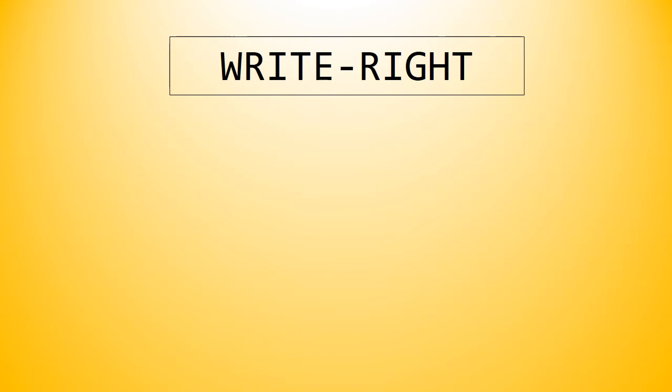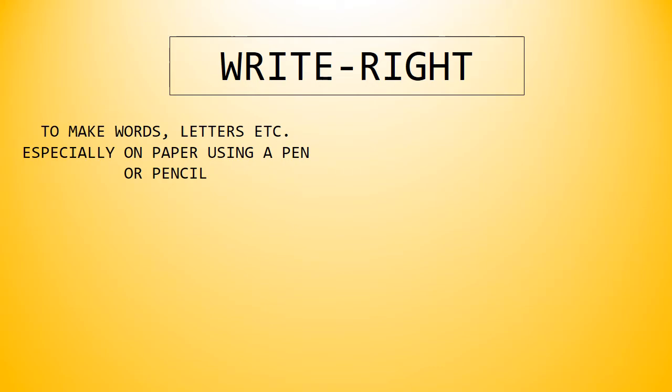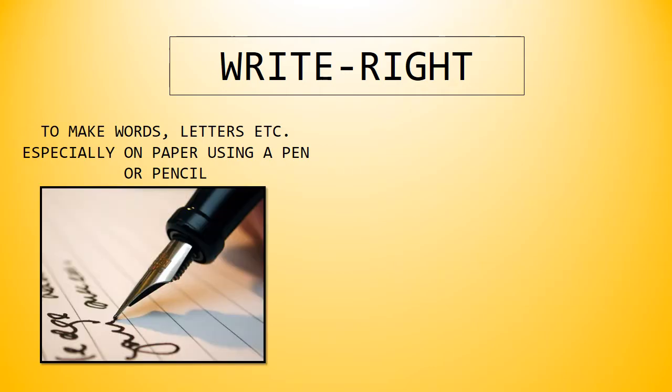Our next pair in the list is WRITE, which means to make words, letters, etc., especially on paper using a pen or pencil. It is a very common word used in writing on a book or notebook, and its homophone pair is RIGHT, which means correct or the right side of direction.